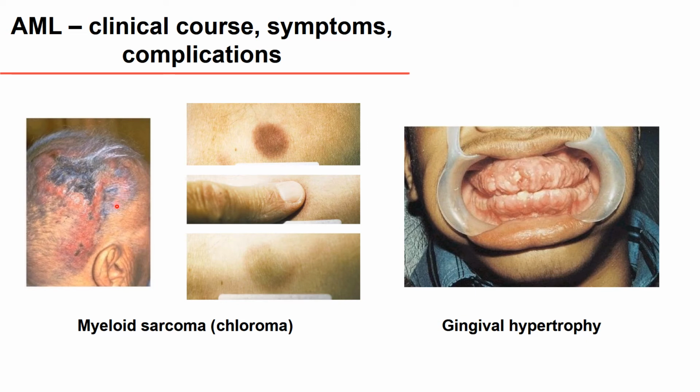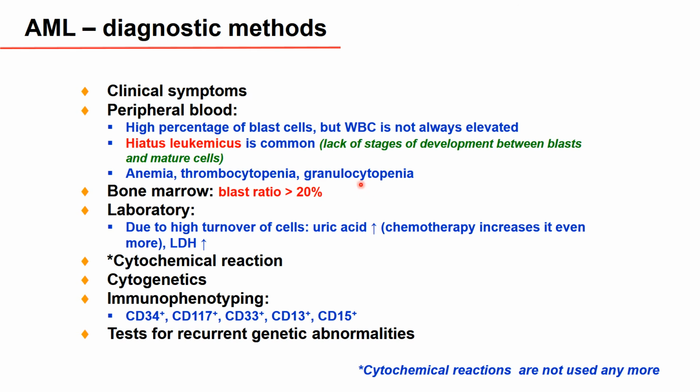For example, myeloid sarcoma can manifest under the skin, or gingival hypertrophy can occur. So these kinds of very important signs can be seen, and you have to immediately send the patient to the hematologist.